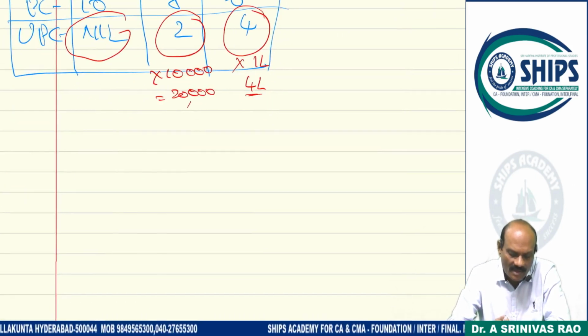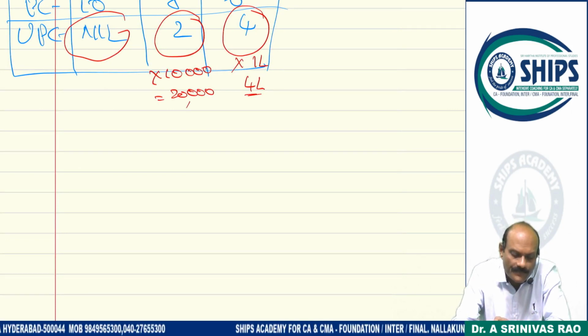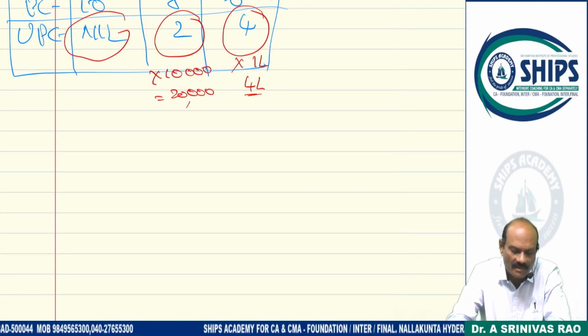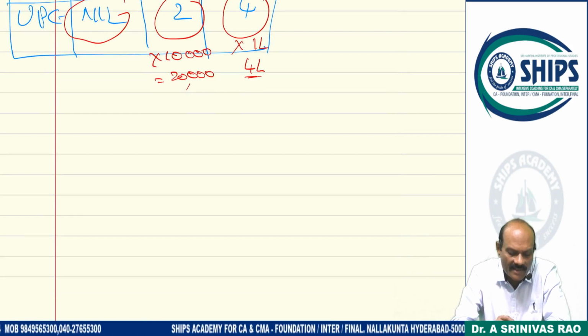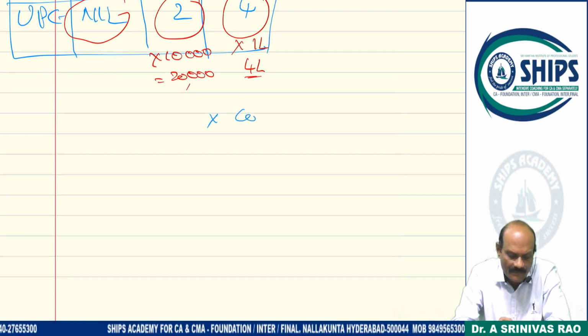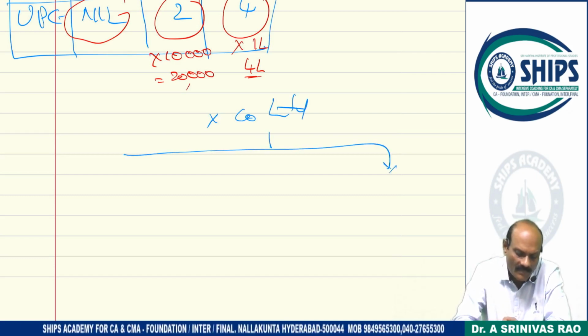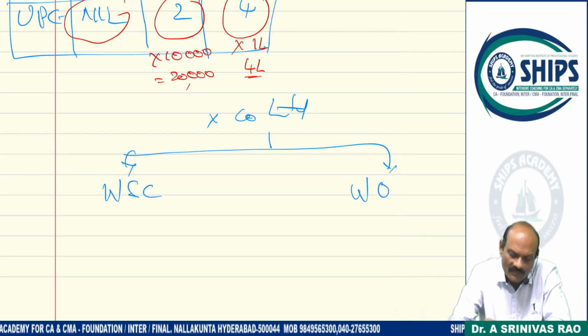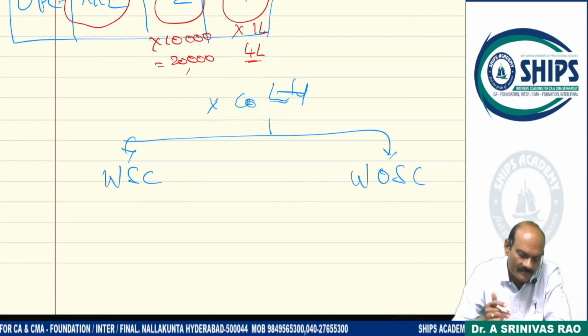What does it mean? The shareholders' liability is limited to the extent of the amount of guarantee given. Let us understand here. X company limited, with share capital, without share capital.